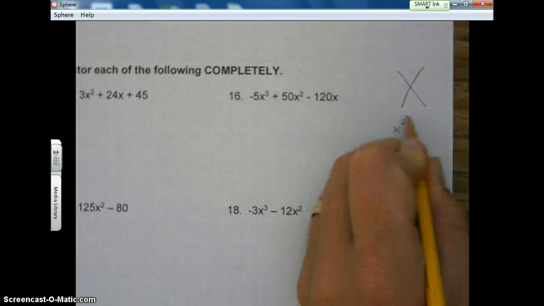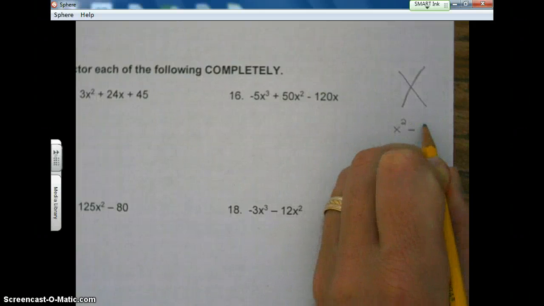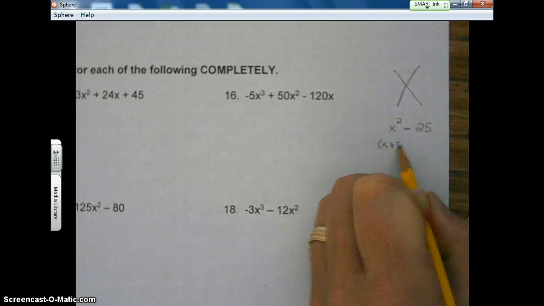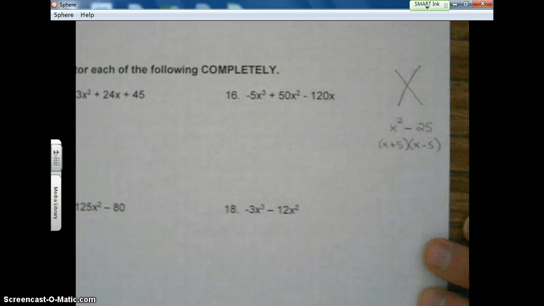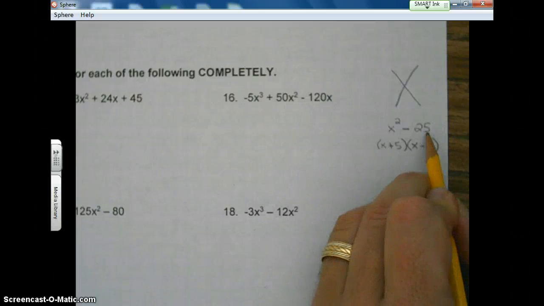Then we also learned the difference of two squares. So if the first term is a perfect square, and it's subtraction, and the last number is a perfect square, we learned we can do this. Break the x up. The square root of 25 is 5.